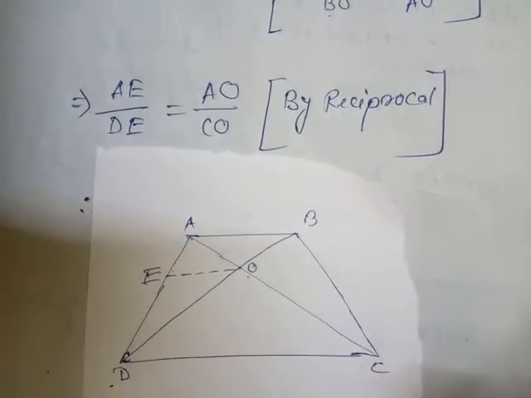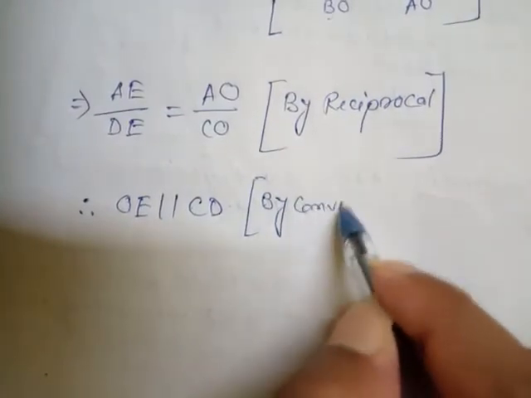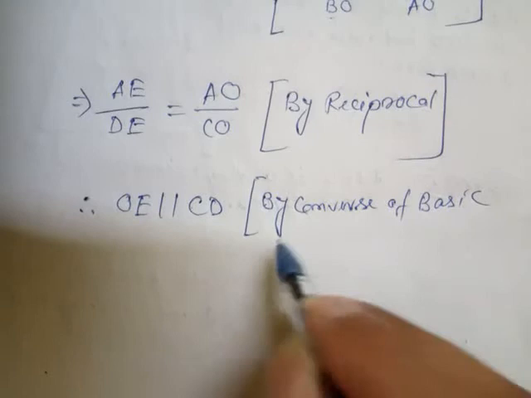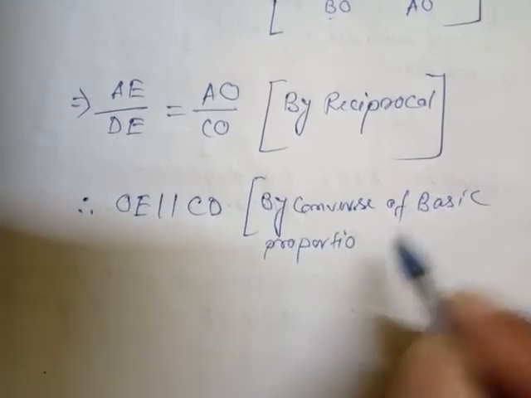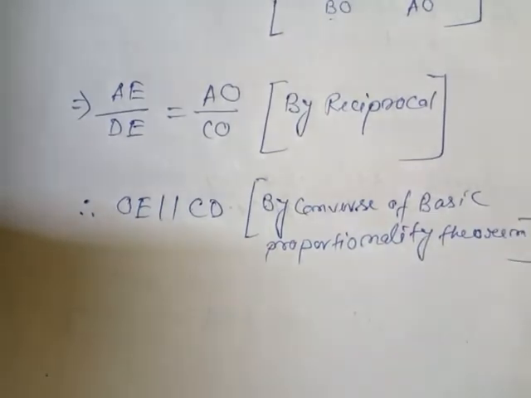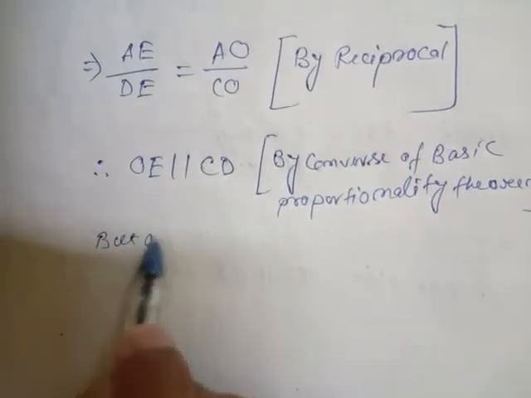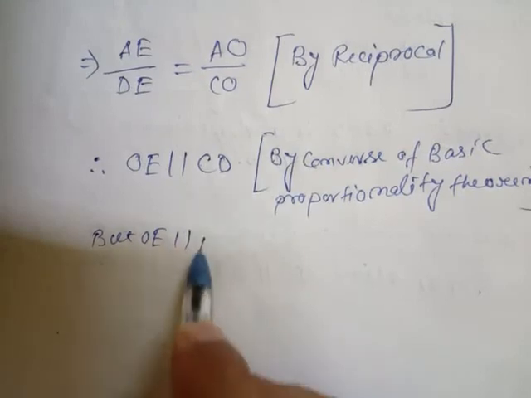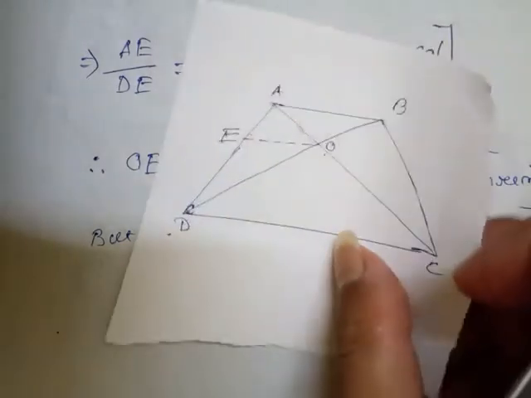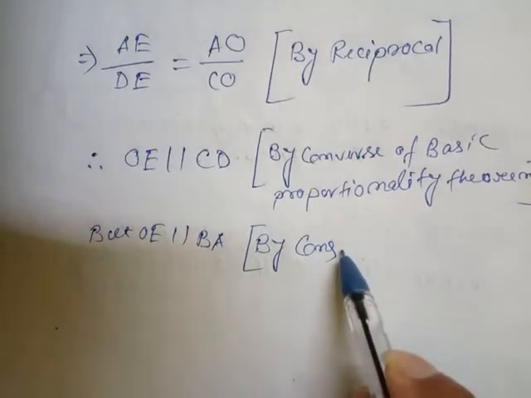So here we can write, by converse of basic proportionality theorem. But one more thing, OE parallel to BA, this is by construction. So we'll write here, by construction.